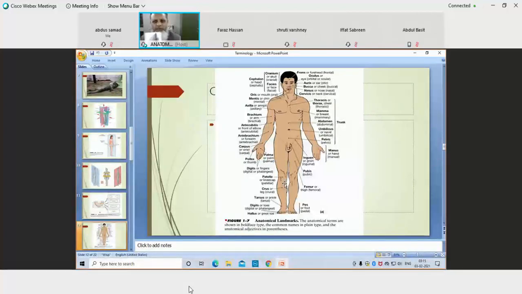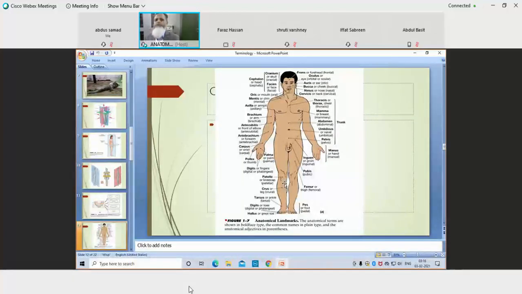So basically second will be the median plane. The pages nearer to the median plane will be known as medial, and the pages away from it will be known as lateral.